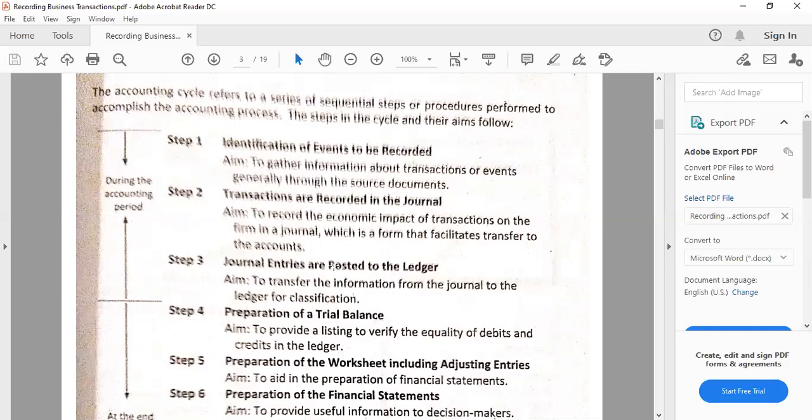But then some may be doing the posting during the accounting period, but the actual getting of the balances or summaries to prepare the trial balance, the next step, will be done at the end of the accounting period. So that could also be done.